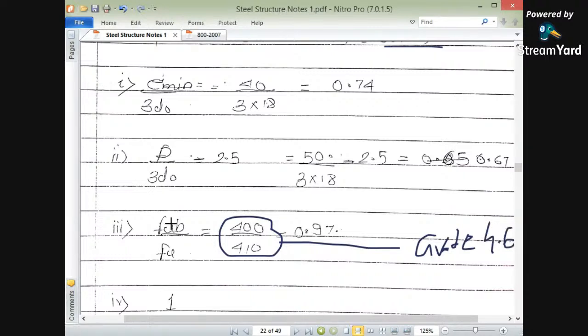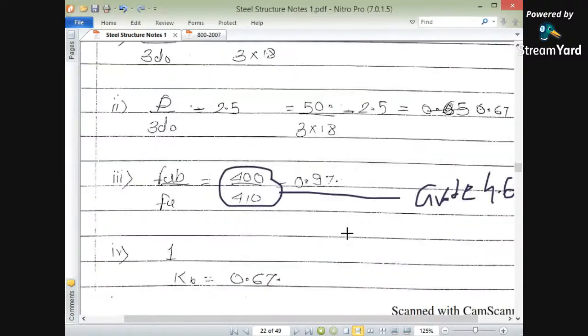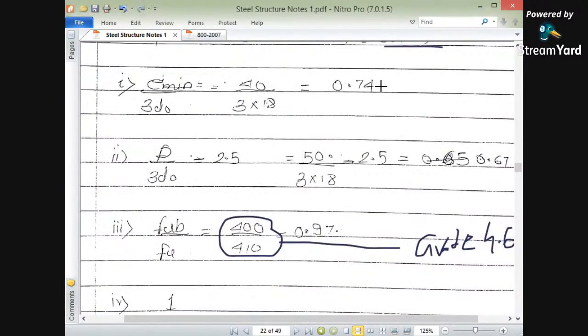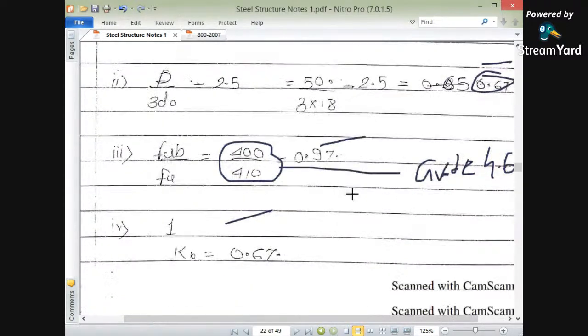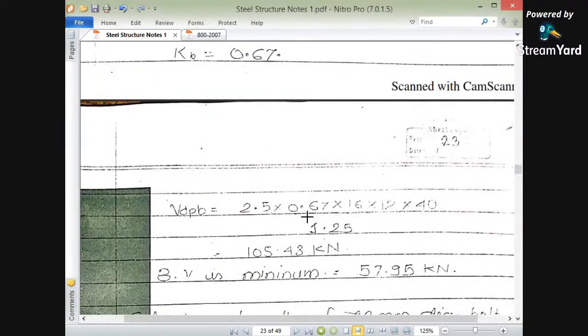So it comes to be 0.97, and the fourth value is 1. So the values are 0.74, 0.67, 0.97, and 1. The minimum of these four values is 0.67, so we have taken the kb value as 0.67.